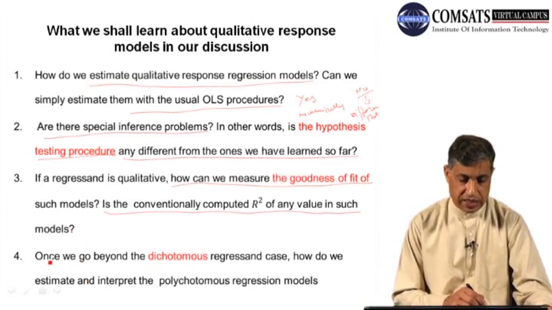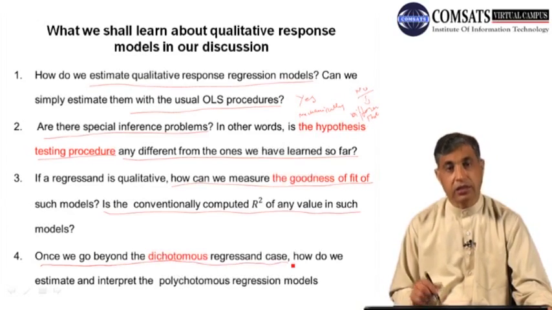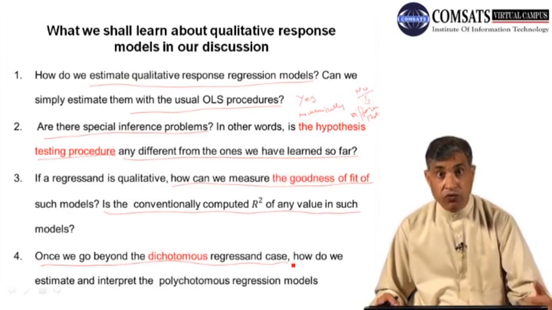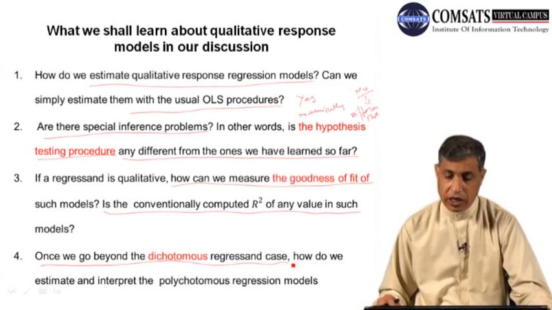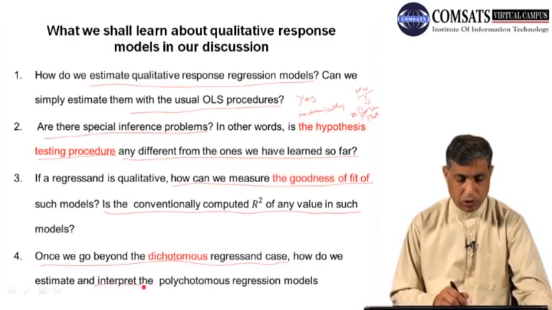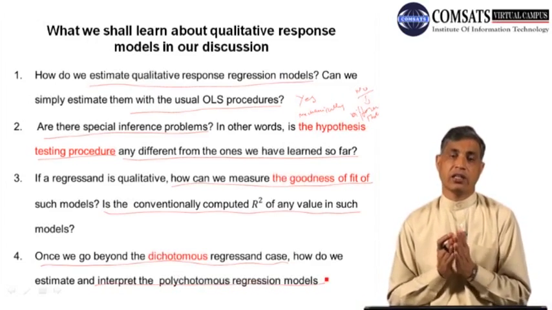And the next question we will see is, once we go beyond the dichotomous, binary regression case, and cross this limit so that our dependent variable has more than two categories, how do we estimate and interpret the polychotomous regression model? So this is the boundary line.